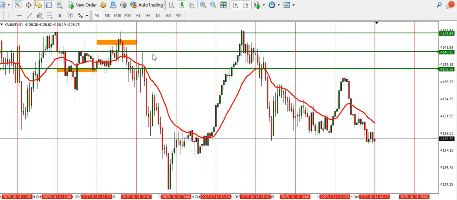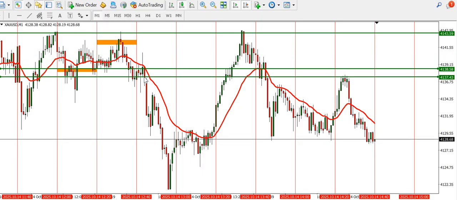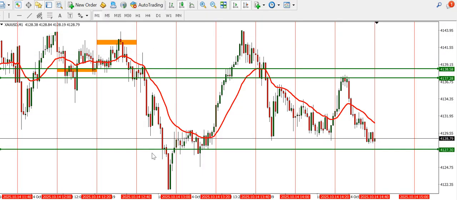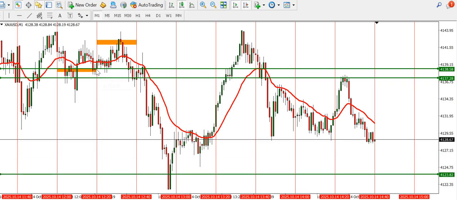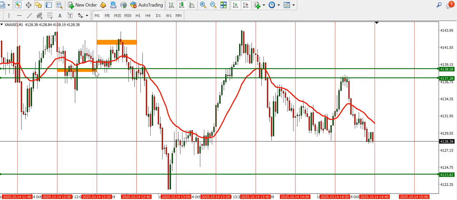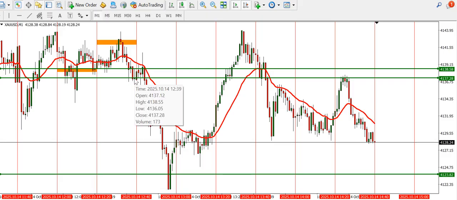Before placing it, I have a close here for this section and another close here, so I'm going to move this down. The price closed here and also here before the vertical lines.